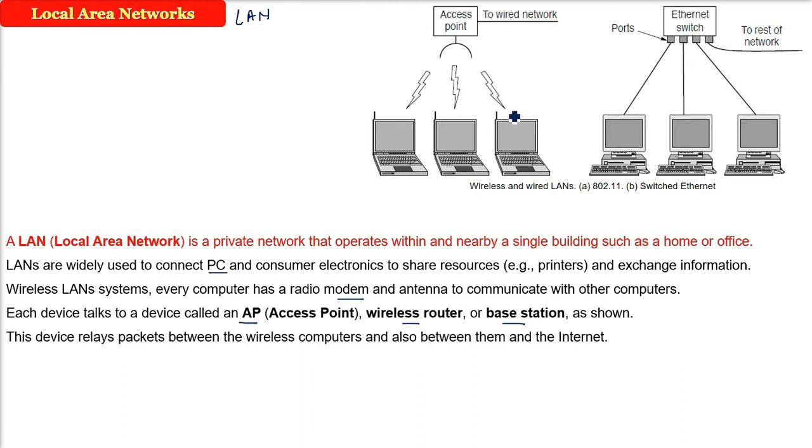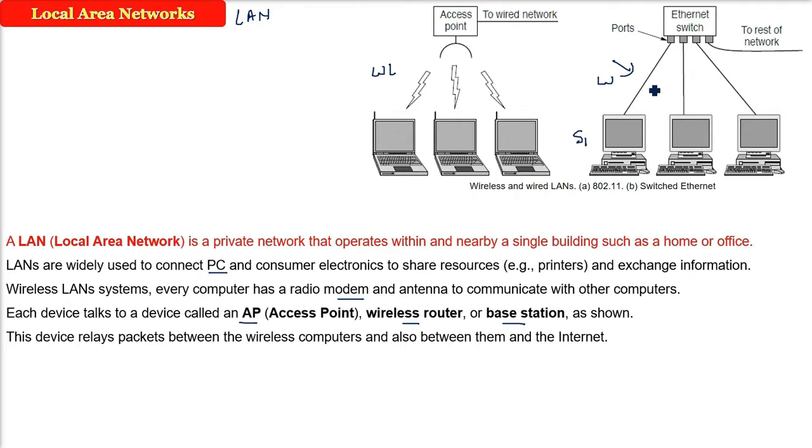Now if you see here, there are two ways. The left one is wireless, the right one is wired. In the left one there is no wire in between. So a LAN can be wired or non-wired. In the wired one, a computing device, it will not always be a computer, it can be any computing device, connects to a central exchange point, which we call a switch.